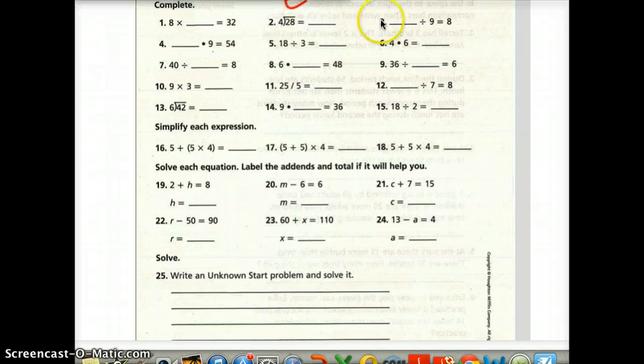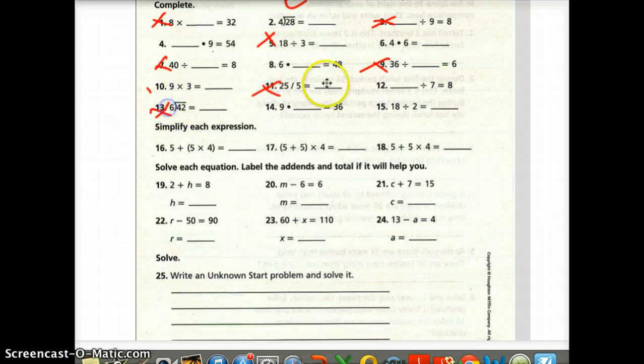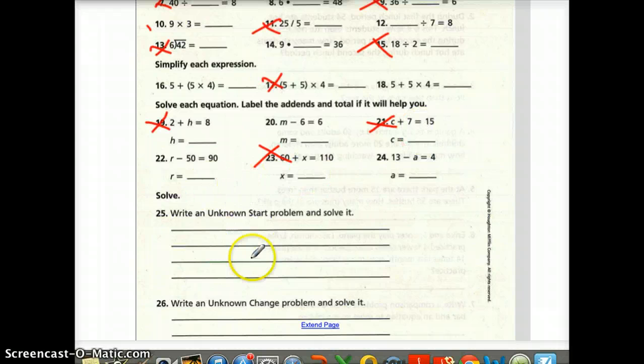So you're skipping these ones. Please be careful which ones you cross out. Okay. You are doing evens only. So you can skip odd ones. All right. Go ahead and get started. If you have questions, raise your hand.